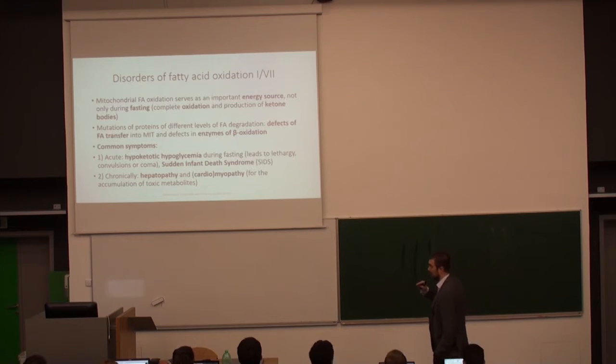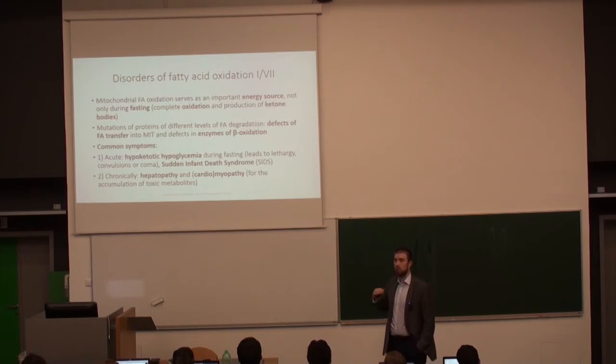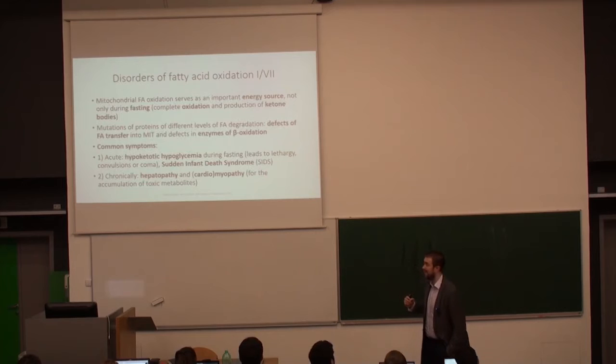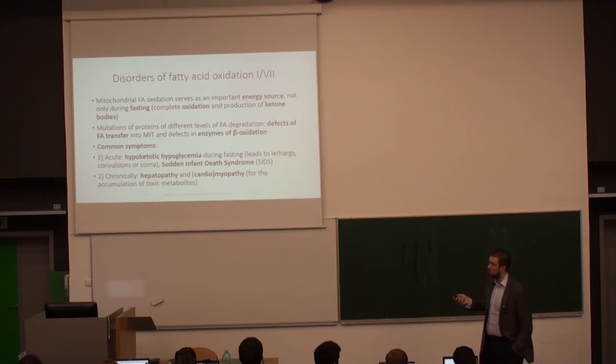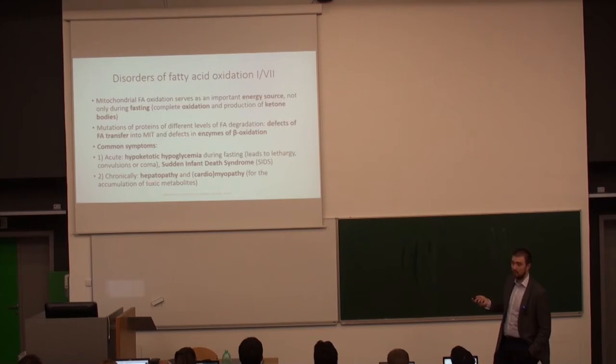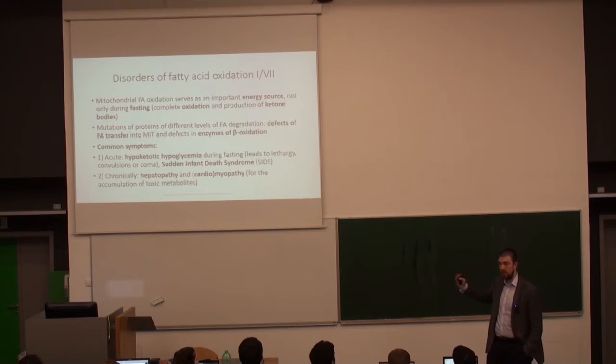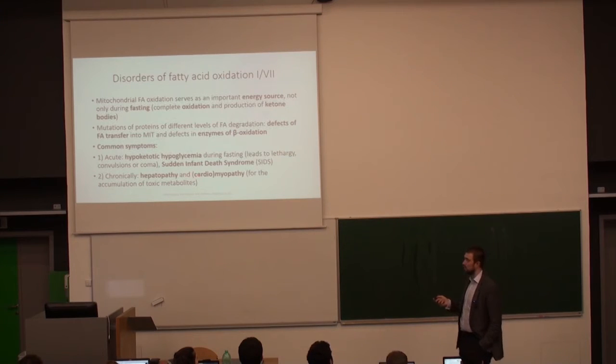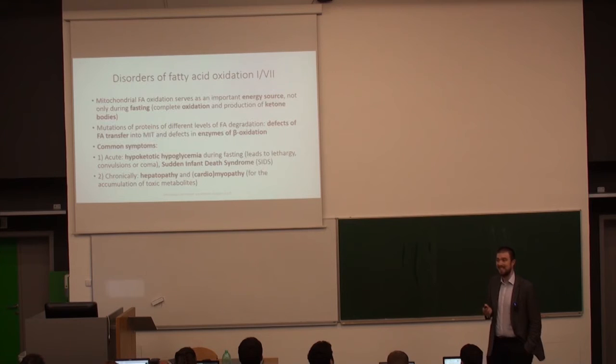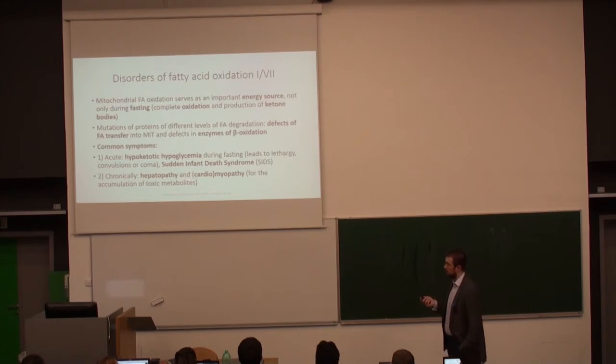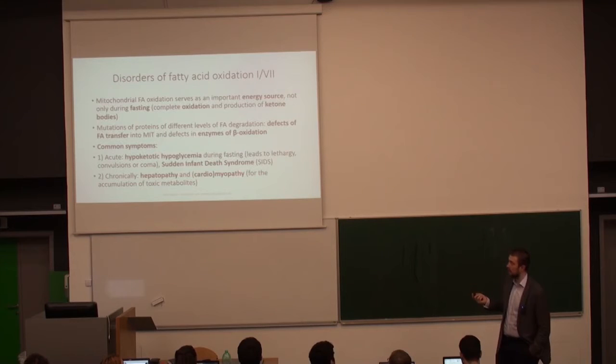Second thing, if you have this state for a chronic time, then you will accumulate the toxic metabolites, the alternative metabolites, and this will lead to problems in the cells that intensively run on beta oxidation. That means your liver cells, we call it hepatopathy, and then your muscle cells. So we call it myopathy, or when it's hard, then it's cardiomyopathy.